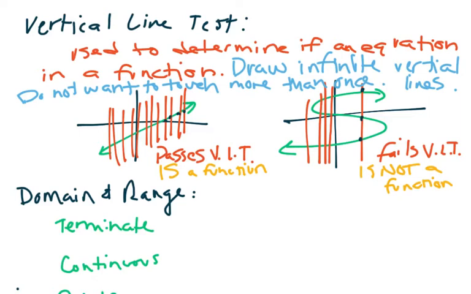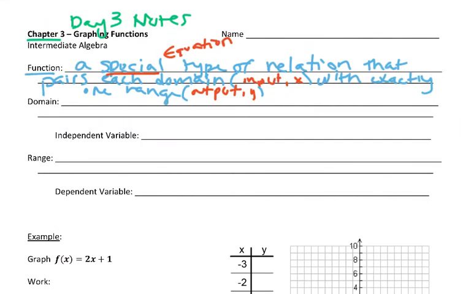Alright, so then we move on to a domain and a range. And so this is actually what helps you determine if something is a function or not, because you're giving a name to where it exists.